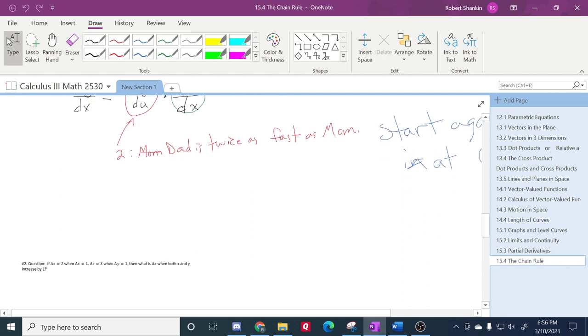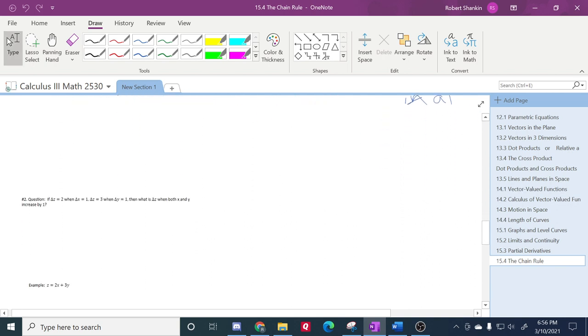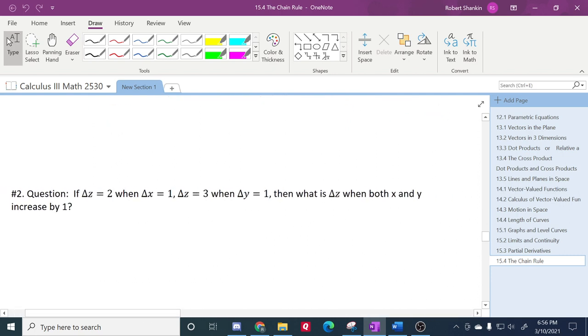Now, let's come down to here. I have a question, and I want you to work on this in your groups. So, if the change in z is equal to 2 when the change in x is 1, if the change in z is 3 when the change in y is 1, what is the change in z when both x and y increase by 1?